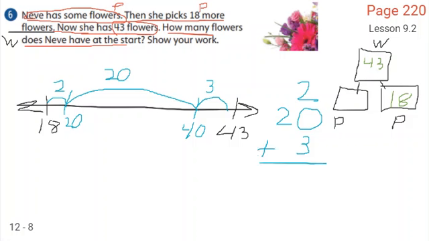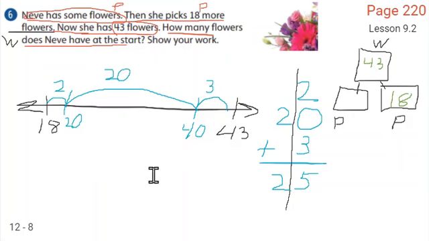Adding all of those numbers together, let's separate our place values, our 1s from our 10s. So 2 ones plus 3 ones is 5 ones. And 2 tens plus 0 other tens is 2 tens. So the number is 25. That's what she starts with.